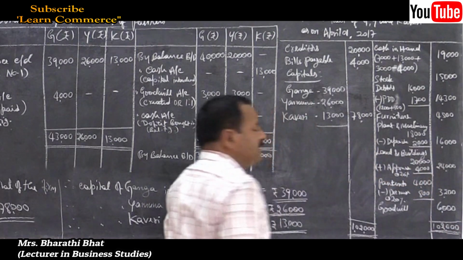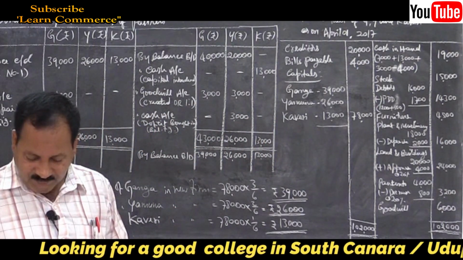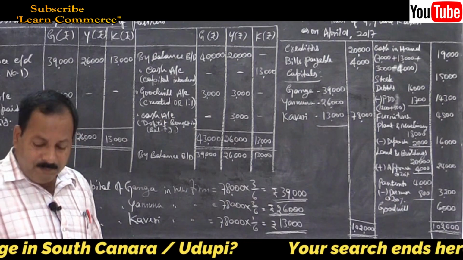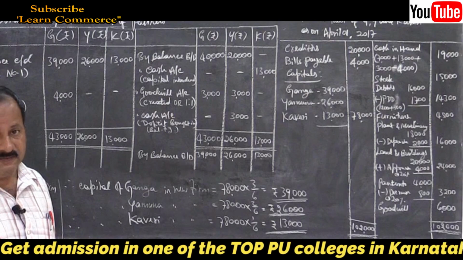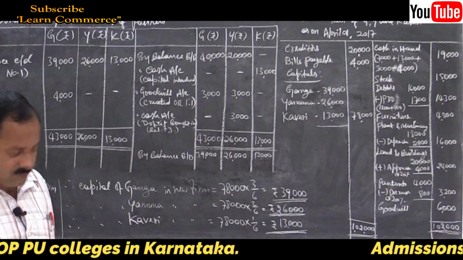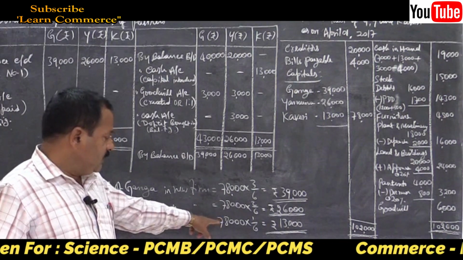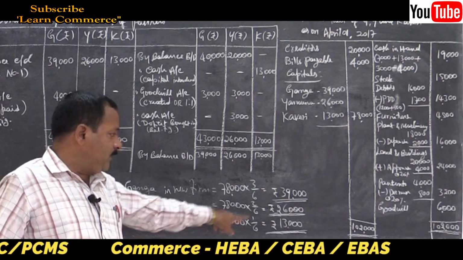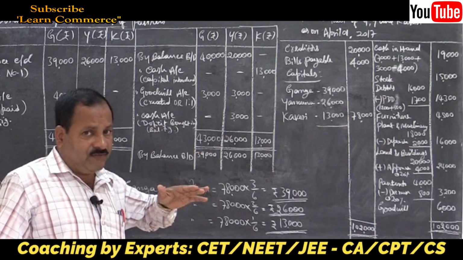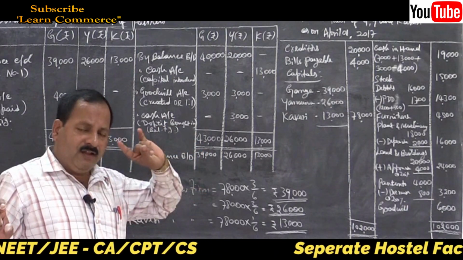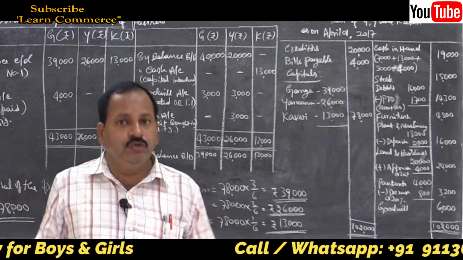So this is how you have to solve a problem whenever you get a problem of adjustment of capitals. On the basis of the share of new partner, you have to calculate the total capital of the firm, and they will give the new profit sharing ratio, and according to that calculate how much capital of each partner should be there in the new firm.